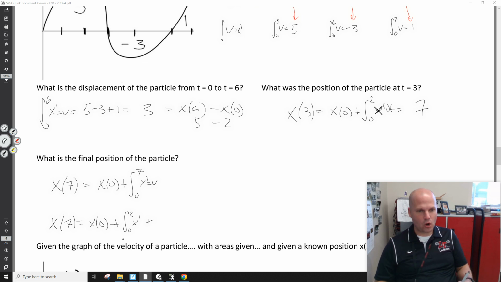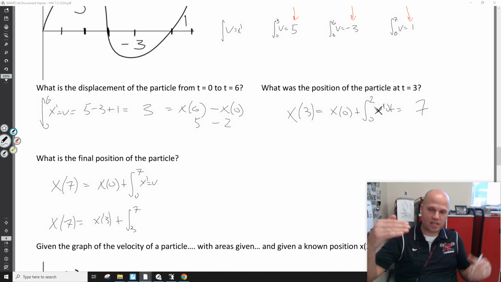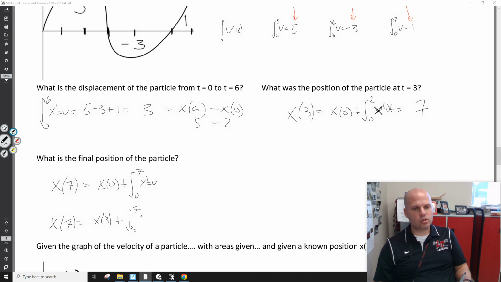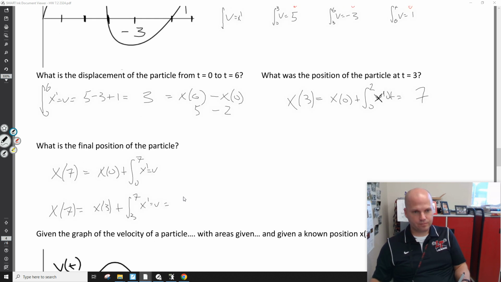You could go with all of them. Let's say you already showed what your position at time 3 was. You could say, I'm going to start with my position at time 3 and then add 3 to 7, or add 3 to 6 and then add 6 to 7. There are all these different ways of finding your final position, which we got was 5.